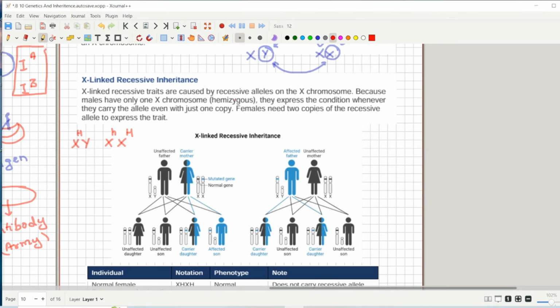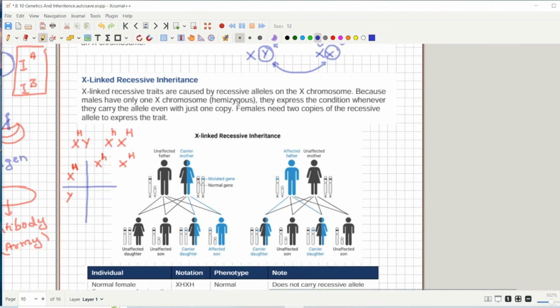If we make the pedigree chart here, then you will get X, Y, X and X, right? So one chromosome of the mother is the recessive X chromosome and the other is dominant. Same for the father, it contains only one X chromosome that is dominant. We are taking this as an example, okay? So let's make the pedigree chart.